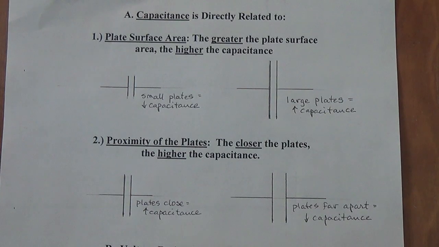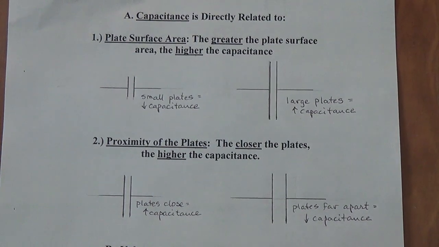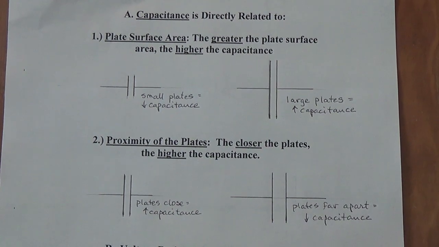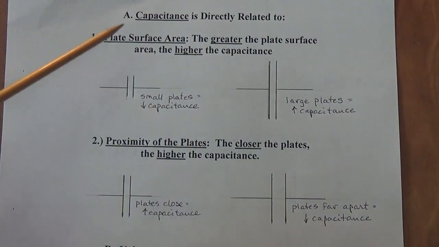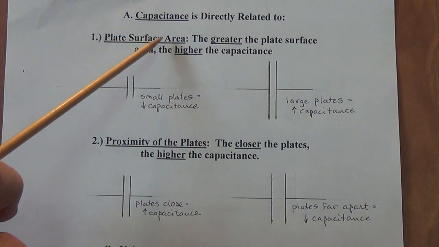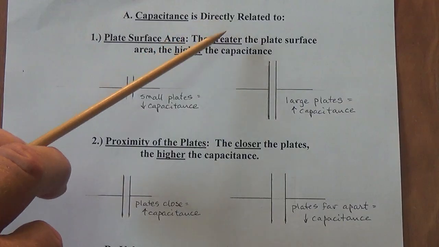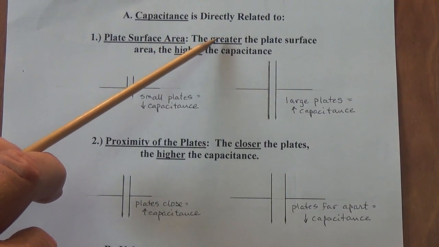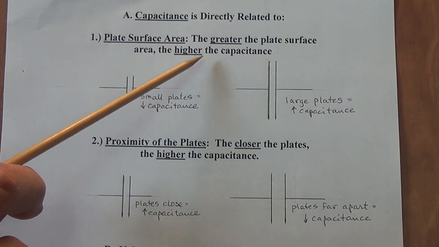Now let's look at the characteristics of capacitors that allow them to store different amounts of charge and to have different micro, nano, and picofarad ratings. The capacitance is directly related to the plate surface area. When I say directly related, that means the bigger the plate surface area, the higher the capacitance.